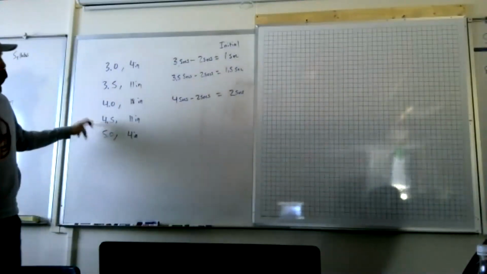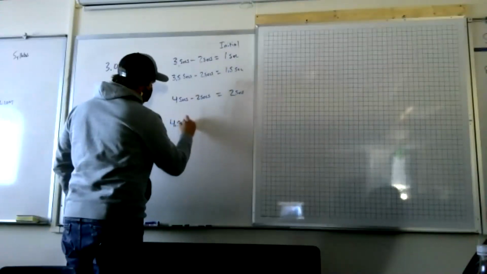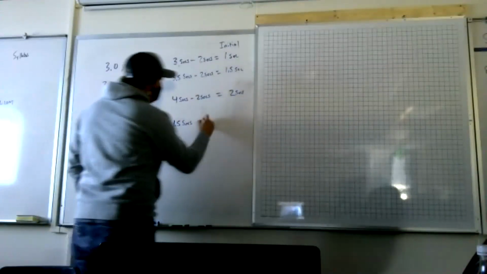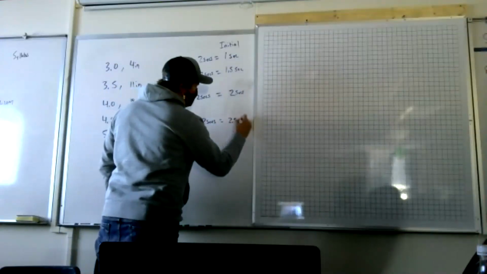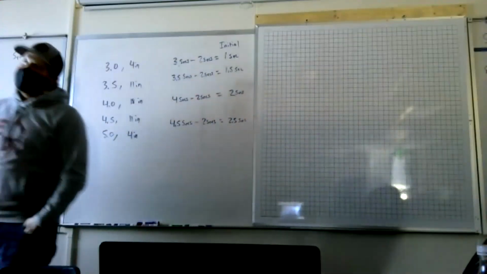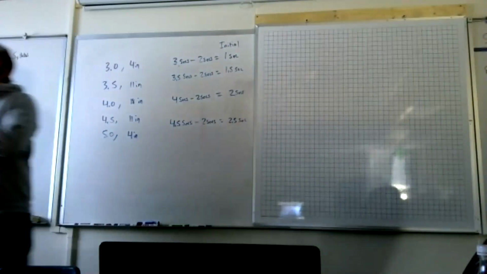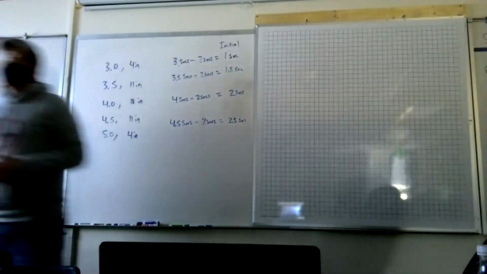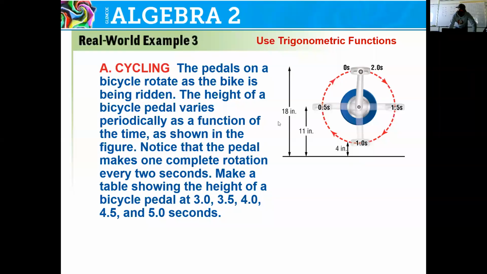Okay, so 4.5 seconds. By minus 2 seconds, you'll see that I'm at 2.5 seconds. Or the position of the pedal should be where it was at 2.5 seconds. But that doesn't really help me because the information that was given to me is all based upon my first initial cycle.